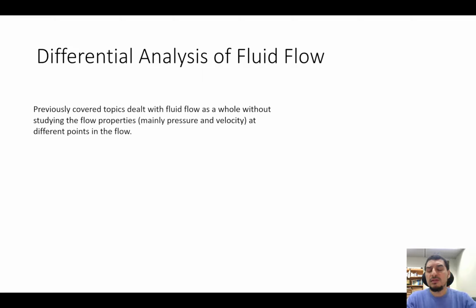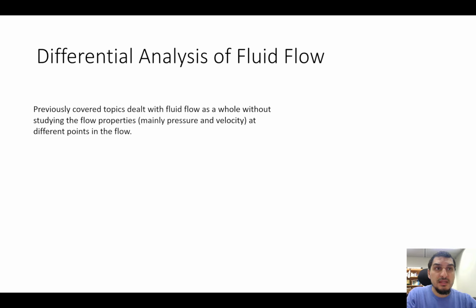So the previous chapters that we covered in this textbook, including the fluid statics and dynamics in chapters 5, 6, 7, and 8, and also the packed and fluidized beds part that we just covered before, we dealt with the fluid as a whole.